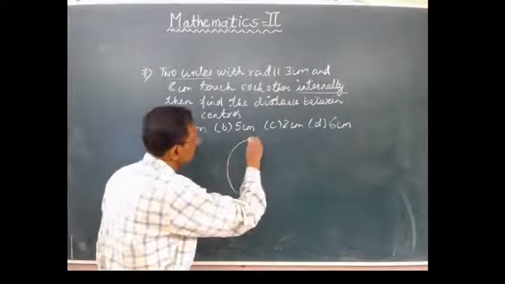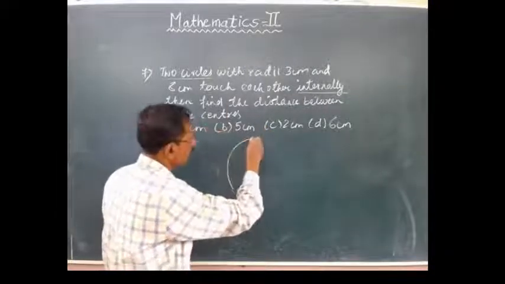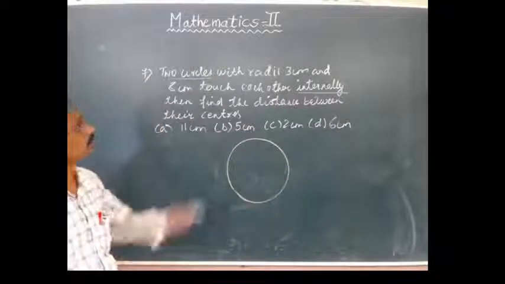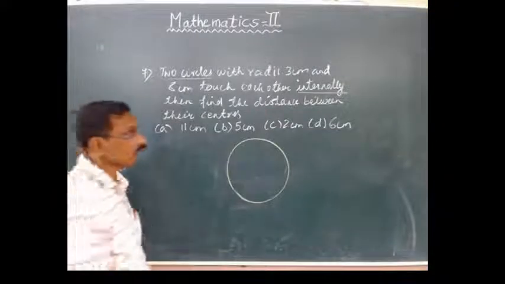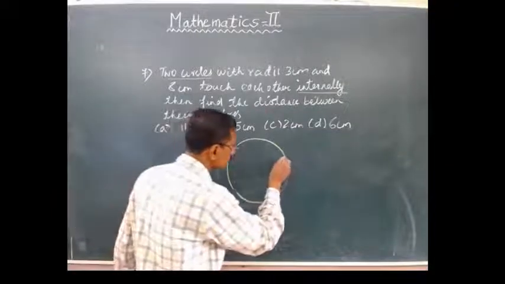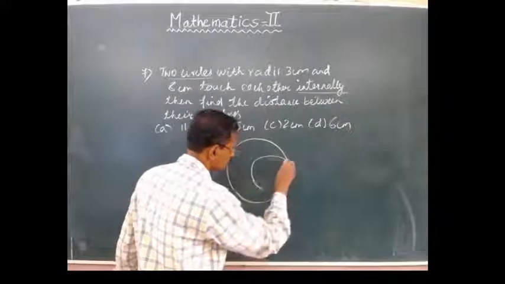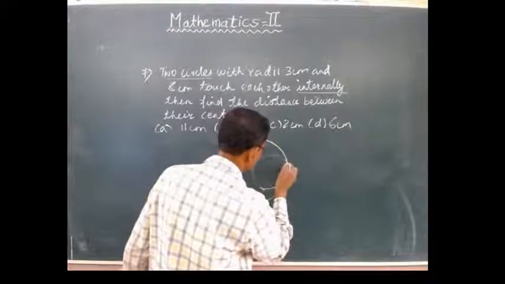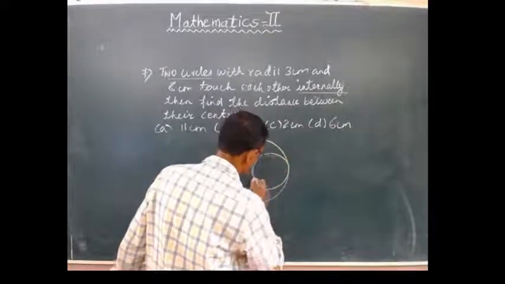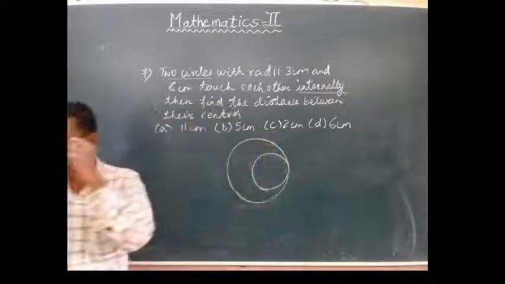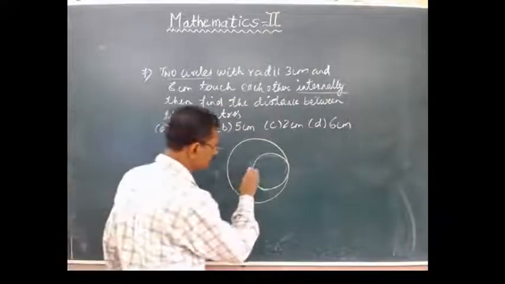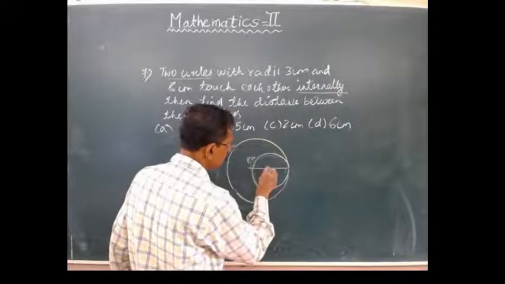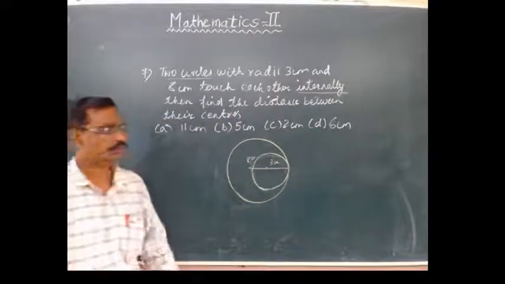Let's draw a bigger circle with 8 centimeter. Right? This is with 8 centimeter. And the other circle we have got with 3 centimeter. Okay, 8 centimeter and here you may have 3 centimeter.